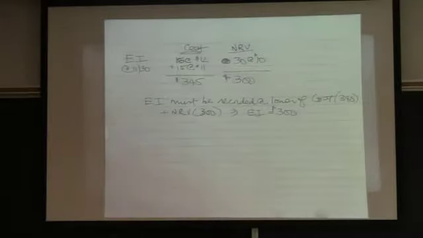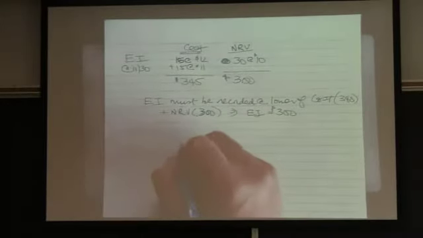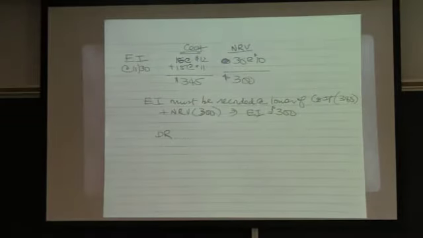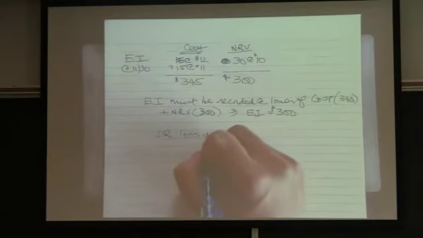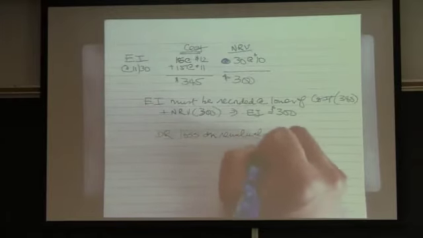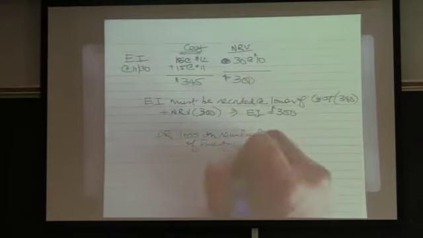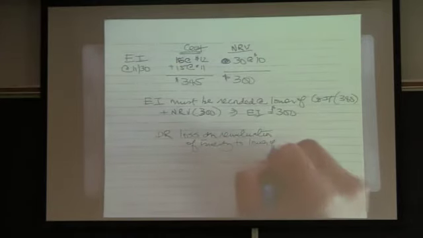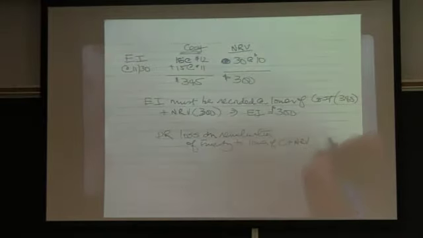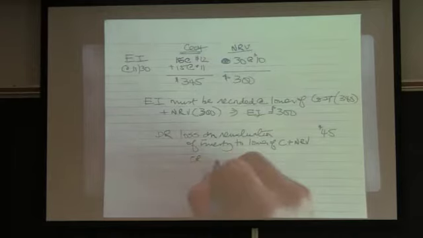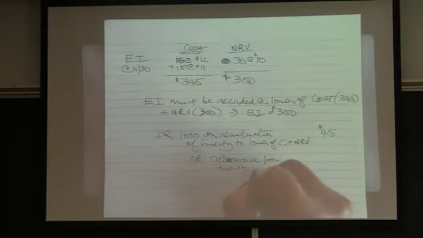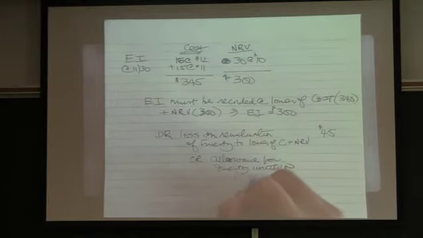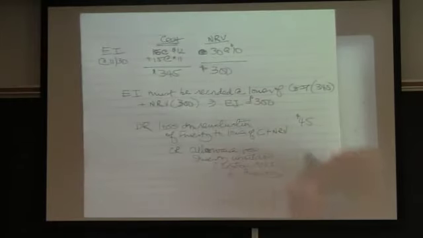So essentially, if I was to ask you a journal entry, it would be debit some sort of loss, right, on revaluation of inventory to lower of cost and NRV, and that would be $45, and we're going to credit the allowance for inventory write-down, and this is a contra account to inventory, and that's for $45.